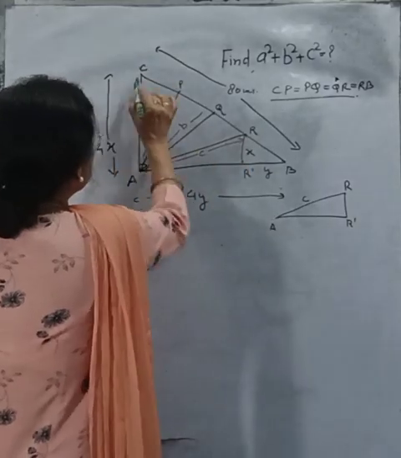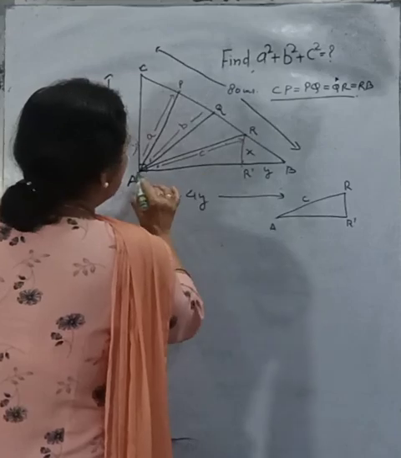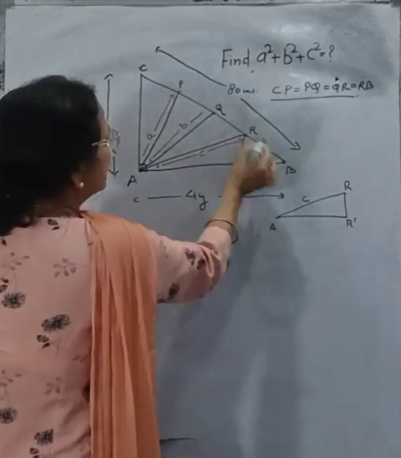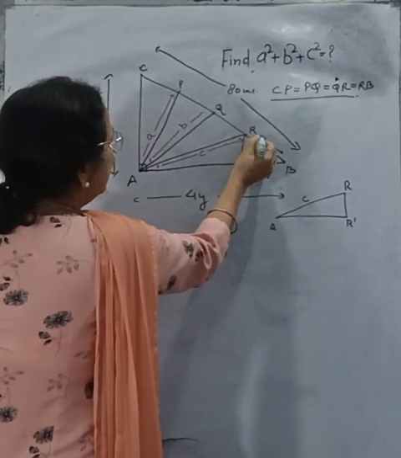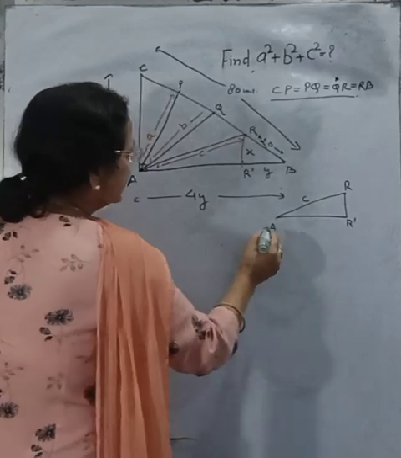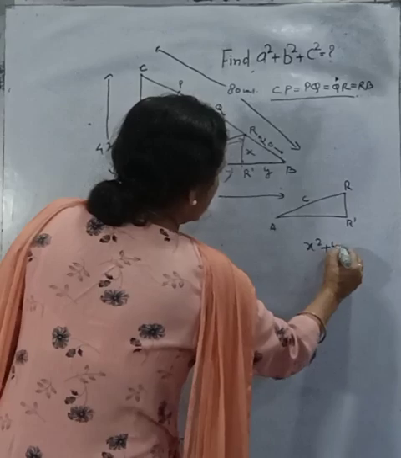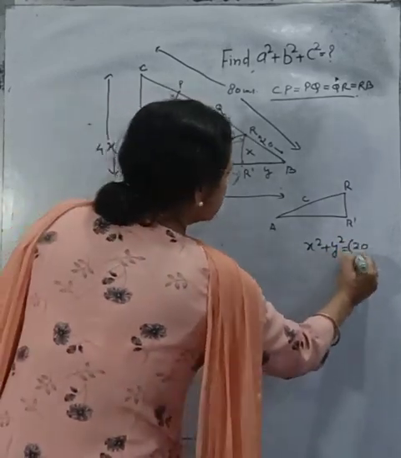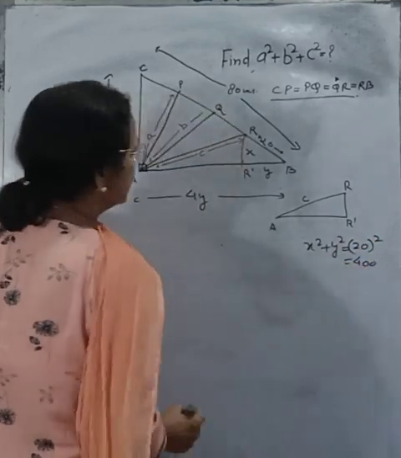This is the fourth part of the total length, and this is already given to us as 20. From here we can say that x square plus y square is equal to 20 square, that is 400.